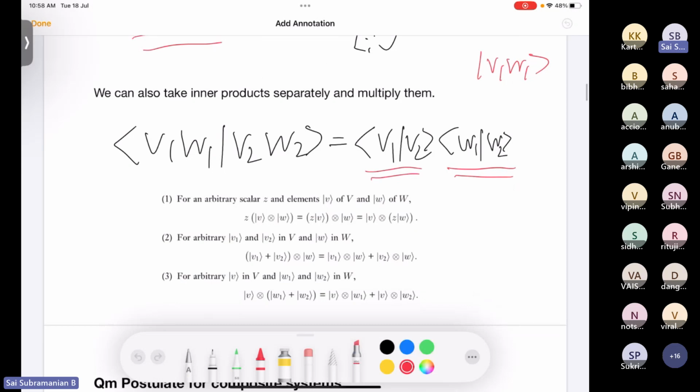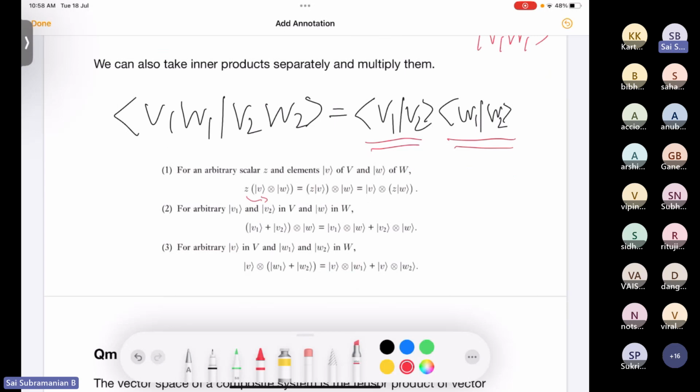So these are a few properties of tensor products. What it basically says is that the tensor product is associative with scalar multiplication. No, distributive is the wrong word, I'm sorry. It's associative. You can multiply the scalar onto the first vector, or onto the second vector, or you can just take it out. That's the first property. The second property is distributive.